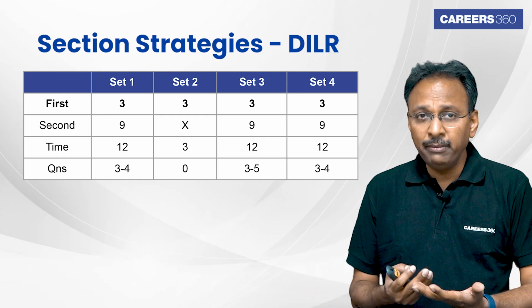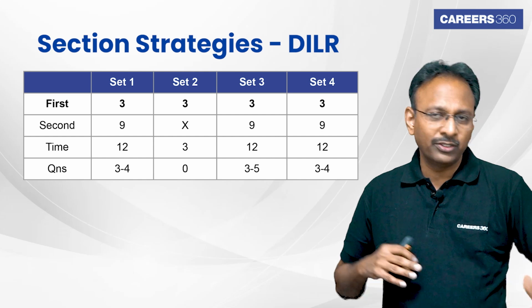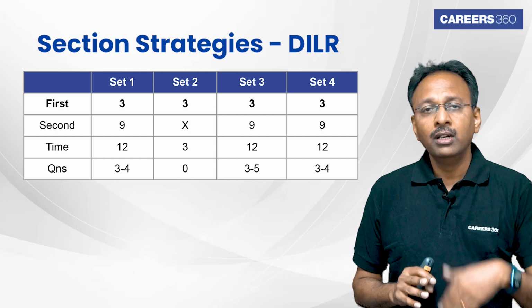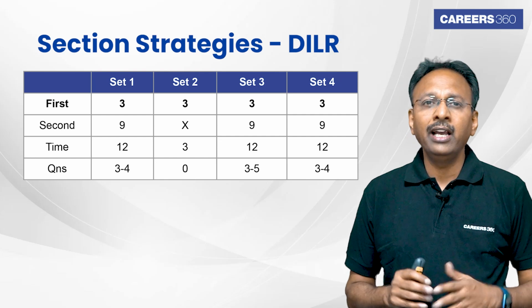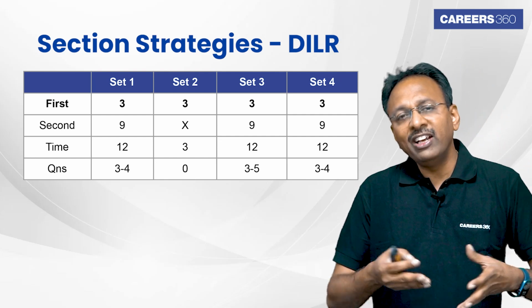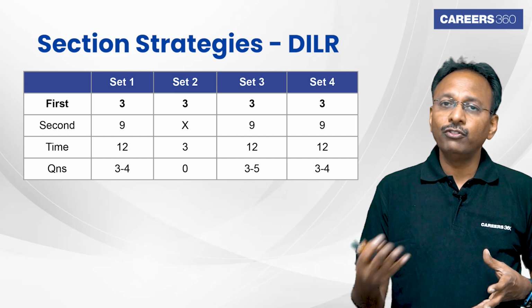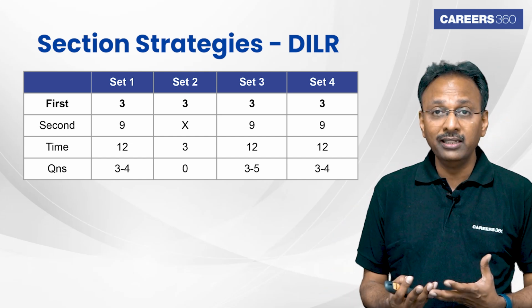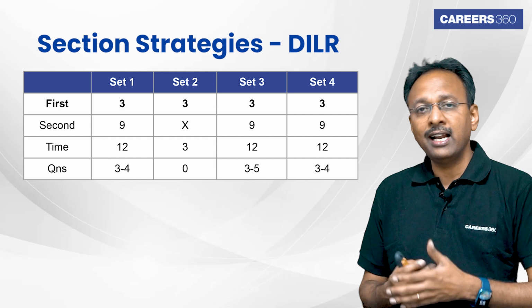Second set, you spend 3 minutes, hey boss, I can't solve this, it's very complex, very lengthy, leave it. 3 minutes lost, no problems. Set 3, set 4 in the same way. Chances are very good that you can attempt anywhere between 9 to 14 questions. 9 to 14 questions is absolutely brilliant in a CAT DILR section.